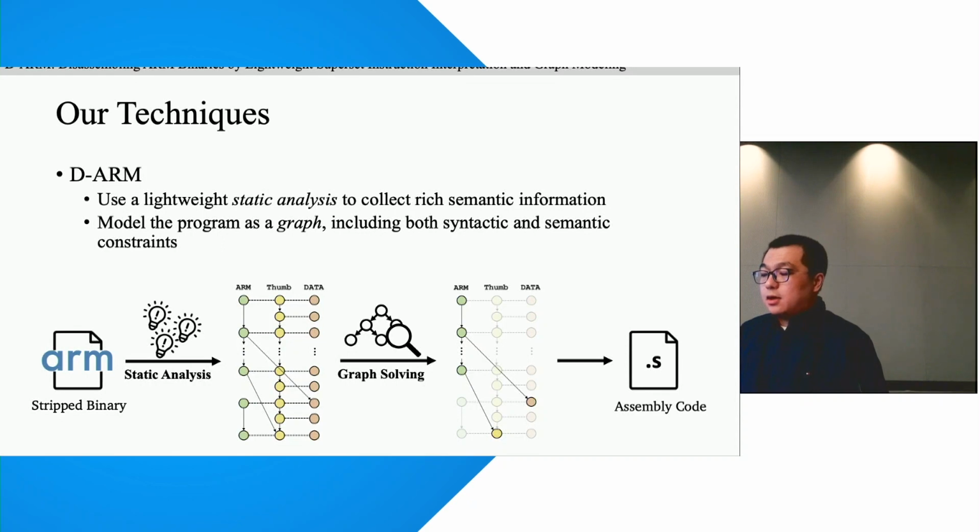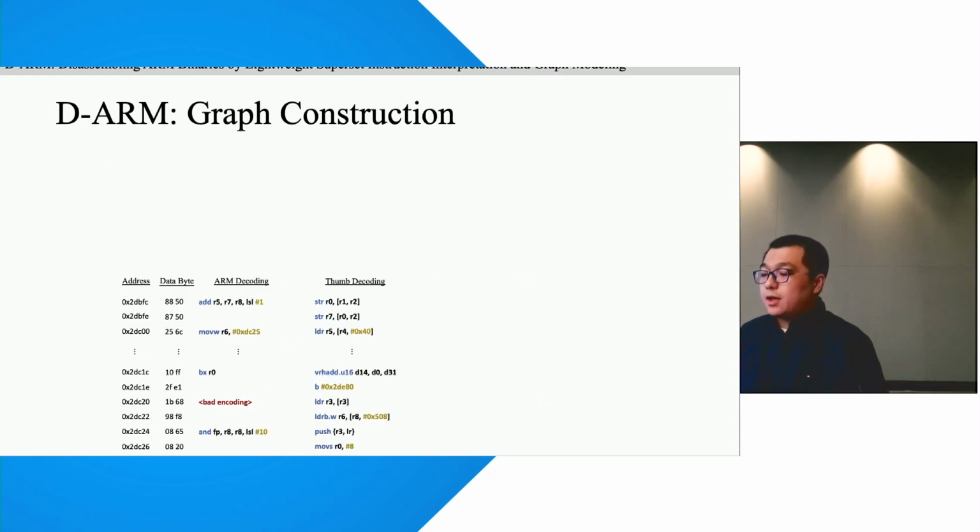And we use edges and node weights to denote the syntax and the semantic constraints and relations across laws, which are derived by the static analysis. Finally, the disassembly problem can be reduced to and solved as a problem of finding a subset of nodes in the graph model. We use a part of the previous example to show how the graph model is constructed.